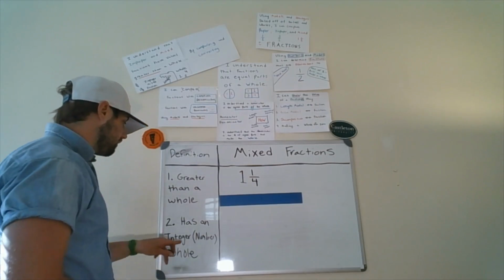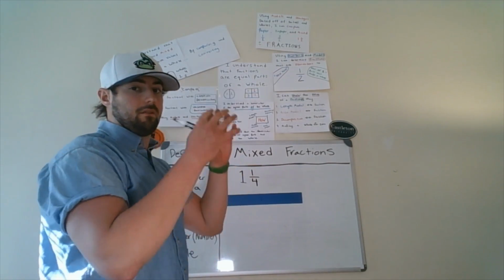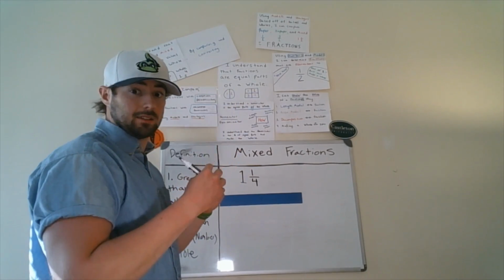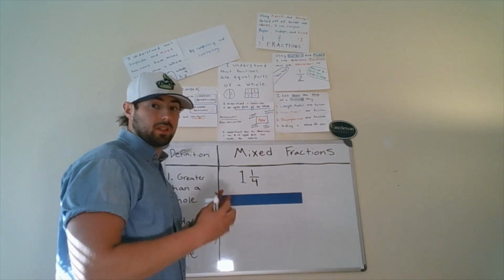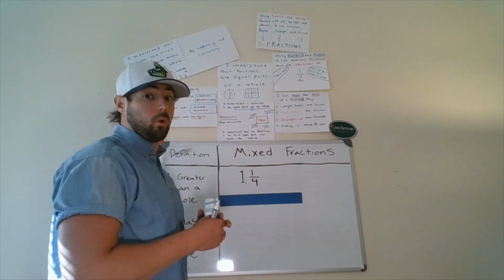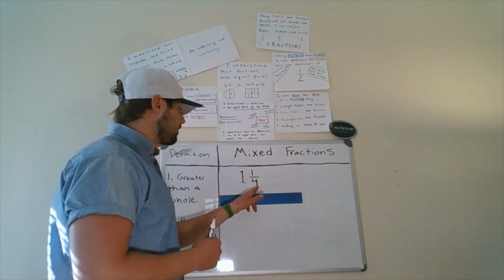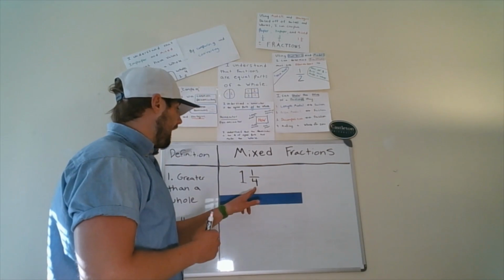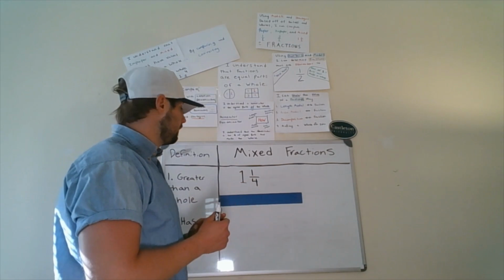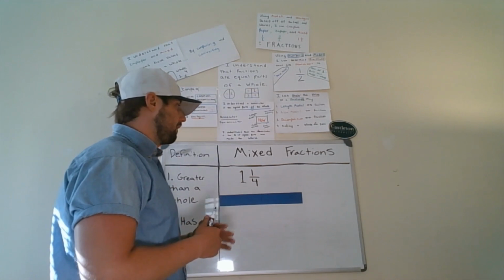We know that integers and numbers are wholes. They are the entire thing. They have a value of 1 or 1 whole or tens, hundreds, okay, when we're talking about place value. So it's called a mixed number or a mixed fraction because it has a number in a fraction or a fraction in a number. It has a number in a proper fraction or a proper fraction and a number.